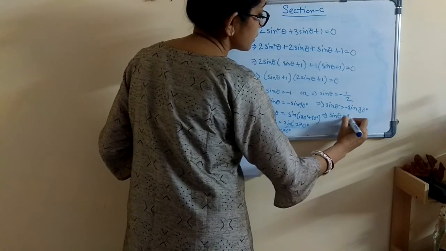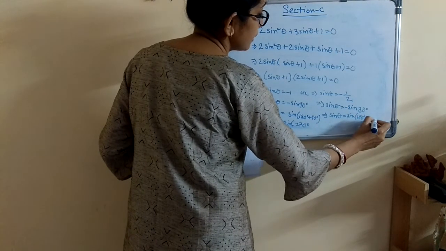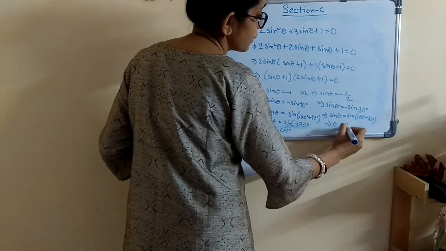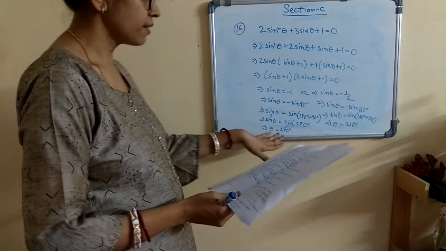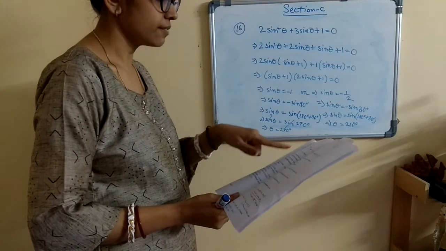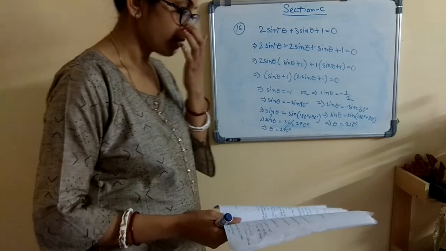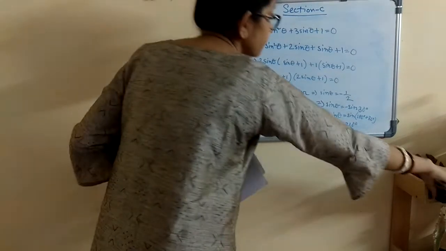Sin theta is equal to sine of what? 180 plus 30, it is 210. So theta will be equal to 210. This also satisfies the given condition in the question, that the value of theta is greater than 180 and less than 540. That is, the answer is 270 degree and 210 degree.